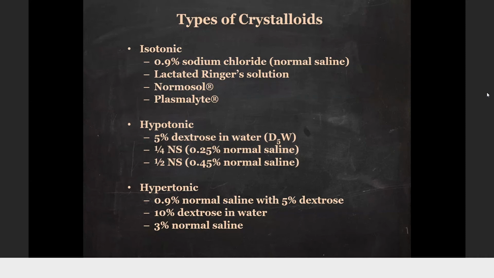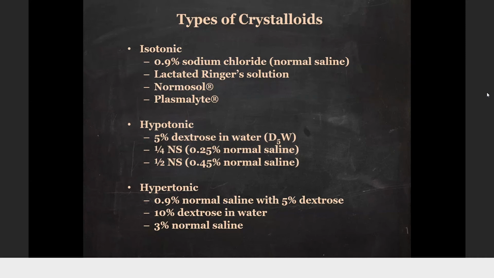And for the hypotonic crystalloid, we have 5% dextrose. Normally, you just write D5W. But don't write it just like that, because you are the one who understands. If people learn about this and understand, then you can write D5W, and it looks more medical.